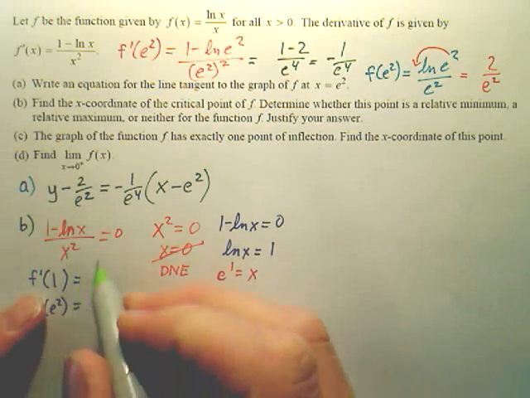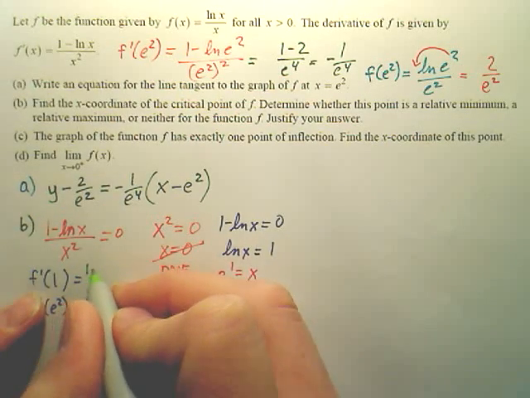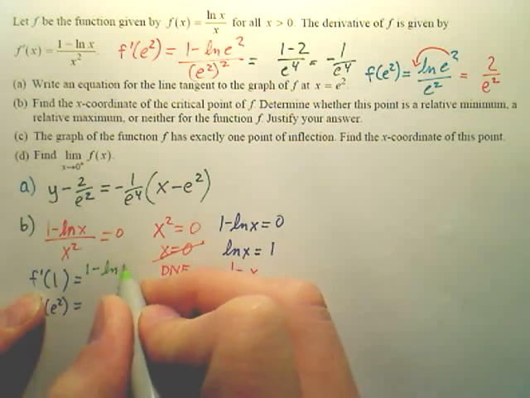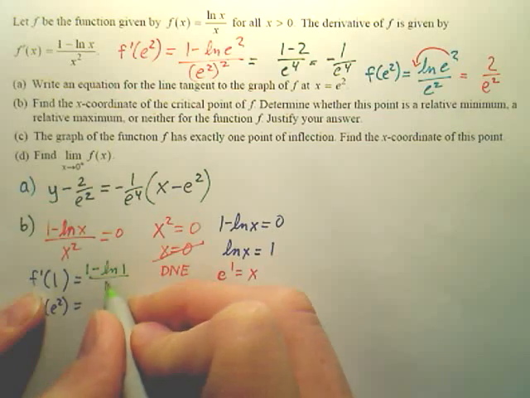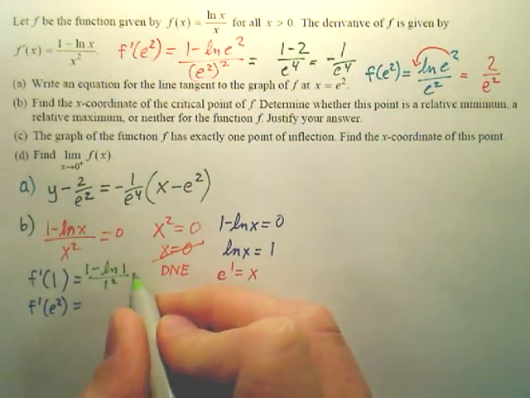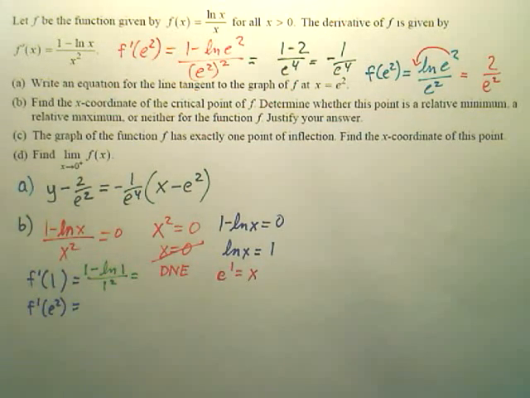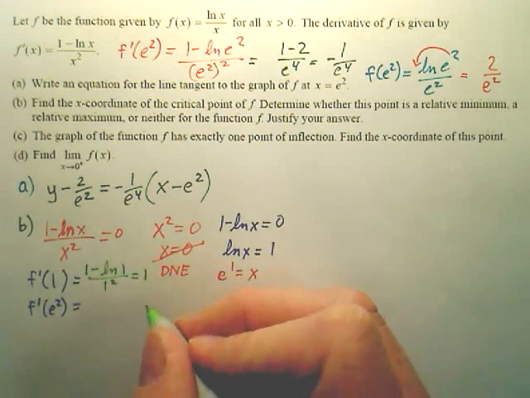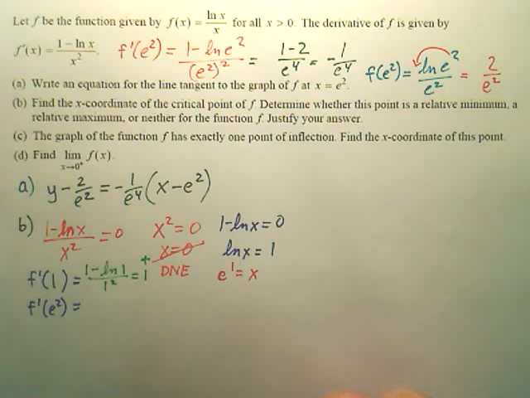So you kind of see you got to be creative on what values to choose. So if we do this one, when you plug that in, you get 1 minus ln 1 over 1 squared. What's ln 1? It's 0, right? So what's 1 over 1? 1, so that's positive, correct?